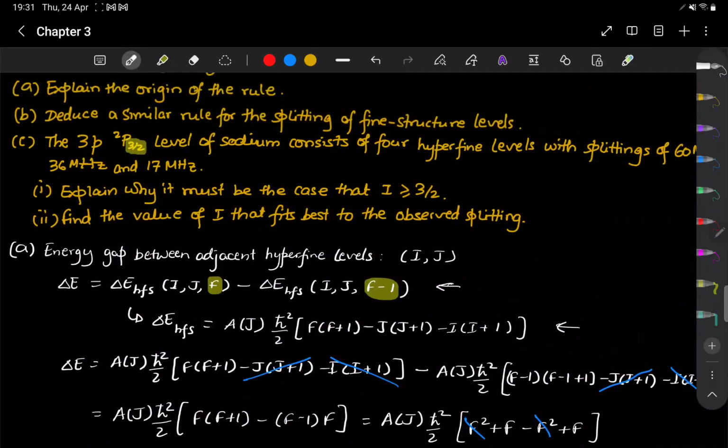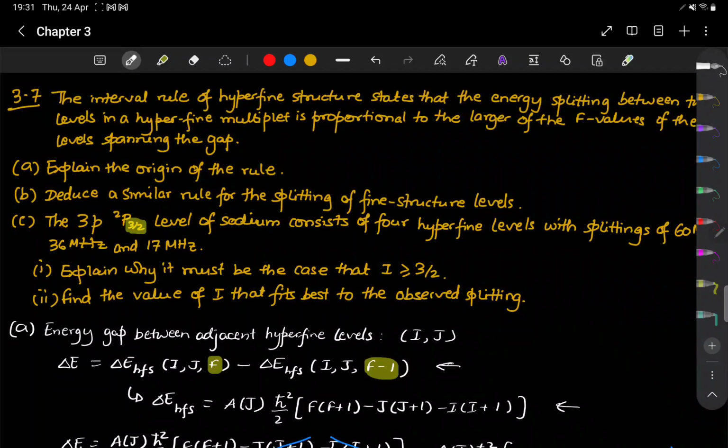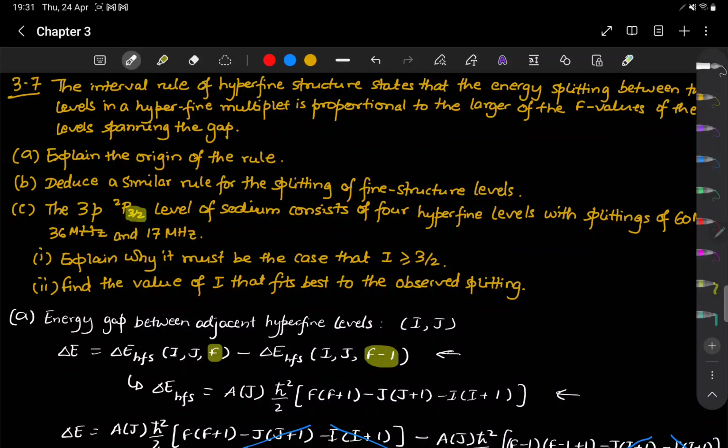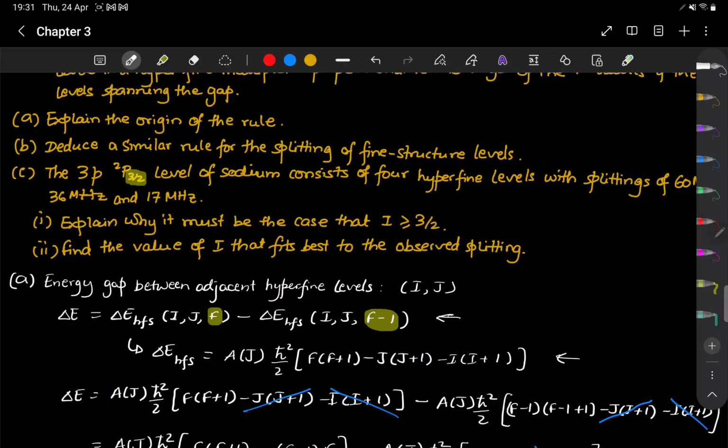So in this question we saw the hyperfine and fine levels and the splitting energy between them and the interval rule, and then we applied those interval rules to this specific case of the sodium atom.